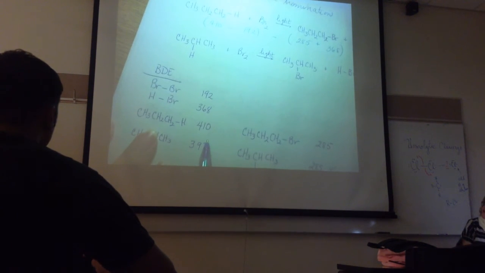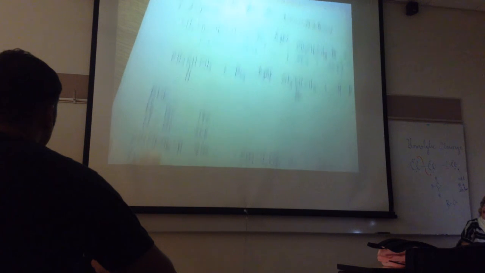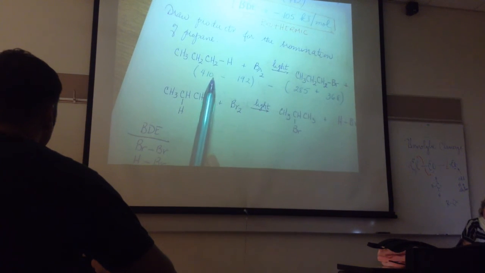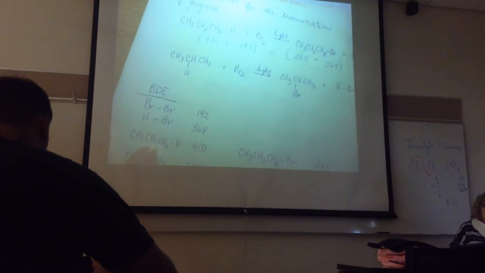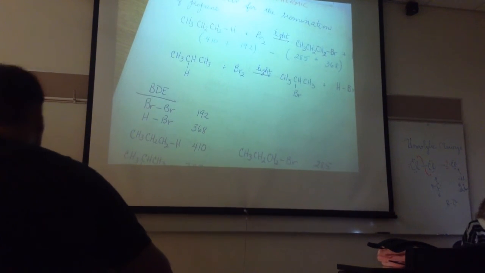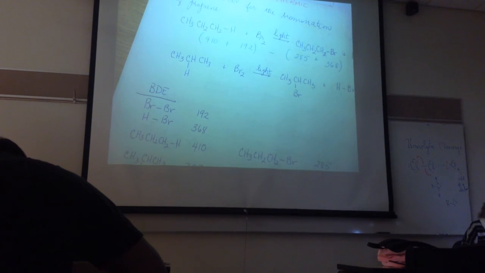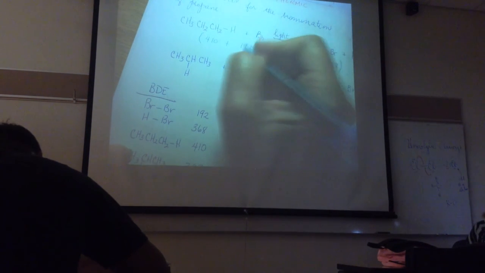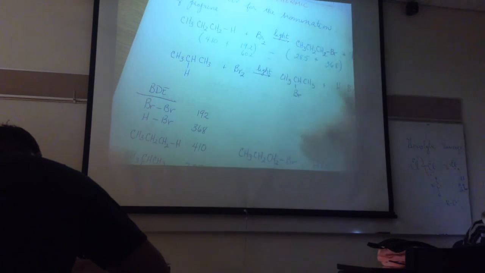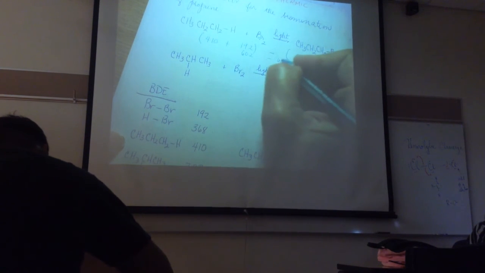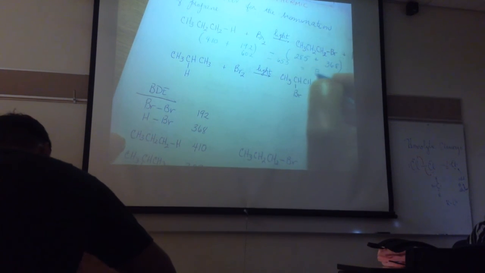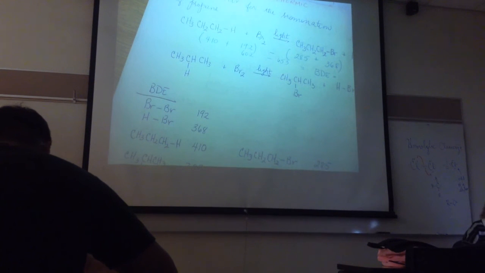The 410 is to break a carbon-hydrogen bond from a primary. Oh, it should be a plus, yes, sorry. Got it. So this is 602 here. Okay, this is 653.